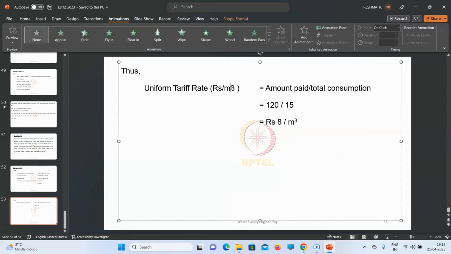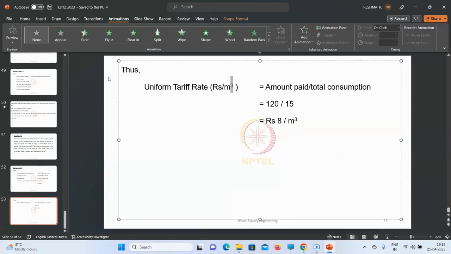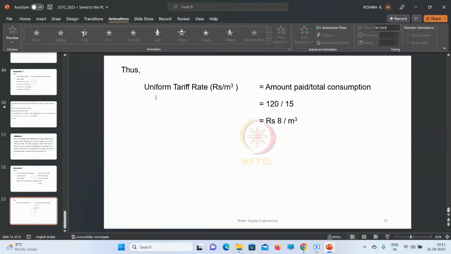As for the material, in a problem I found it is written that amount to be recovered divided by total consumption. Amount to be recovered is the amount that is being paid, right?